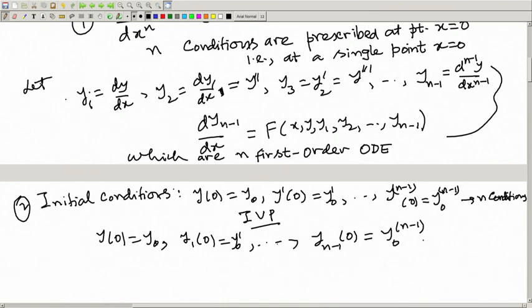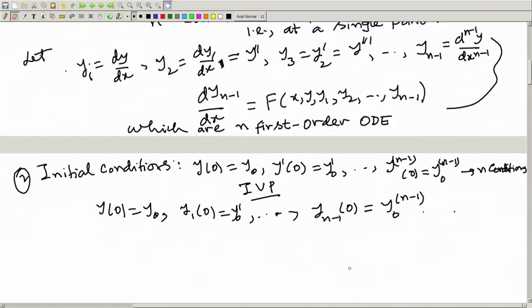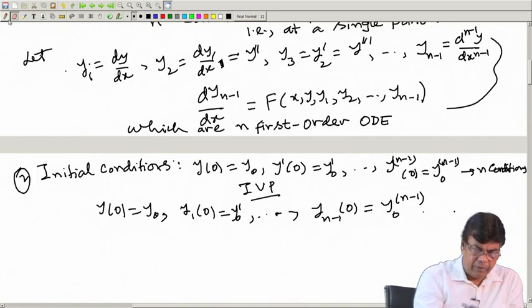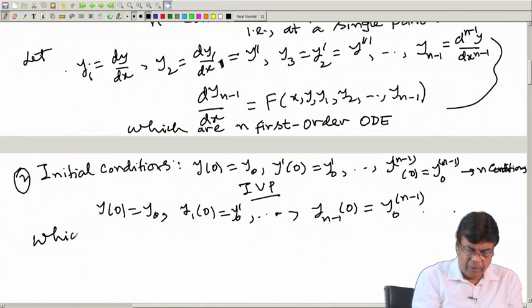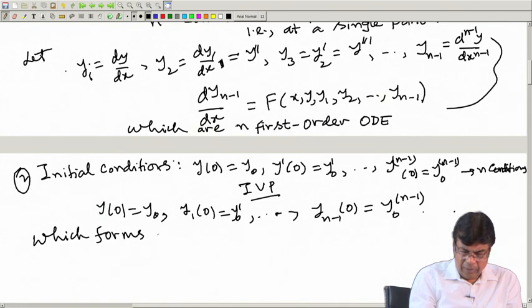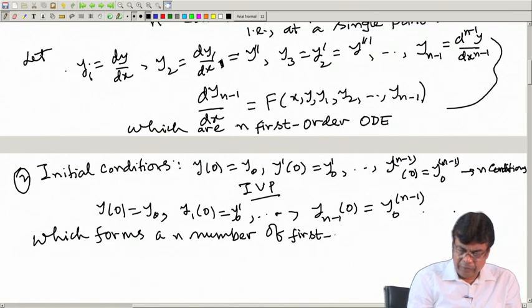So, these n conditions are reduced, and basically we can say this forms a system of n first order IVPs.